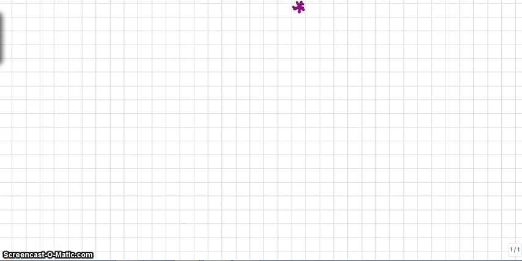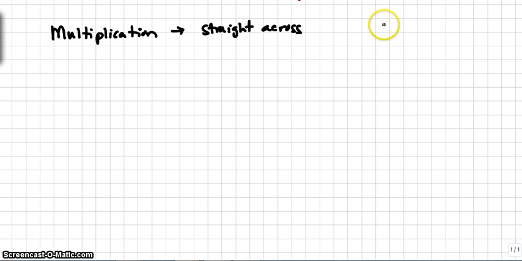The next topic that we're going to cover is multiplication of fractions. Multiplication of fractions is very easy. All you have to do is multiply straight across. Now let's not confuse that with cross multiplication.